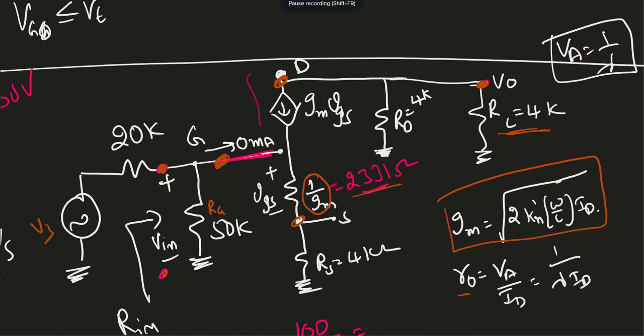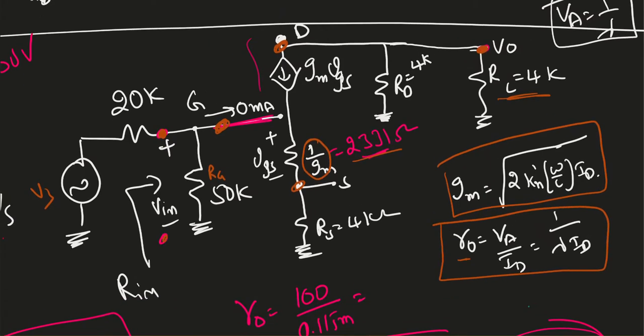In this case, either my drain is not grounded or my source is not grounded, so we don't need to use R0. This is the formula for R0, but in this case we're not using it, so we don't need to worry about R0.